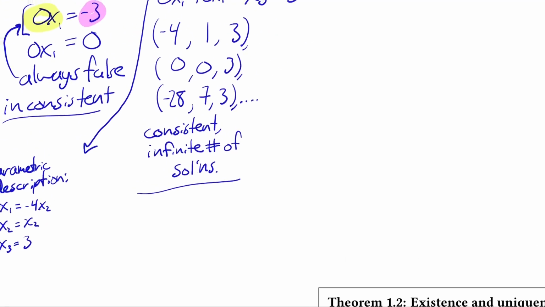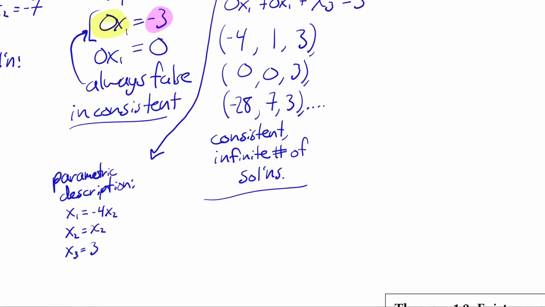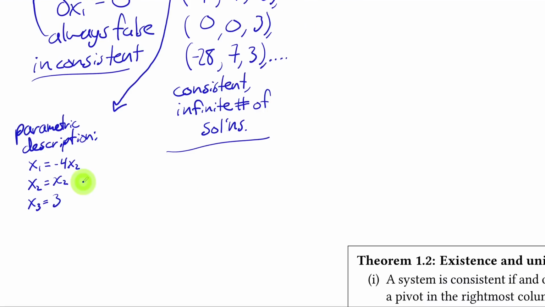So we're basically writing the equations we have to give us a description of x1 and x2 and x3, but you write it all in terms of the free variables. You could also write this using set builder notation. We could say the set of all points of the form (negative 4x2, x2, 3) such that x2 is any real number.